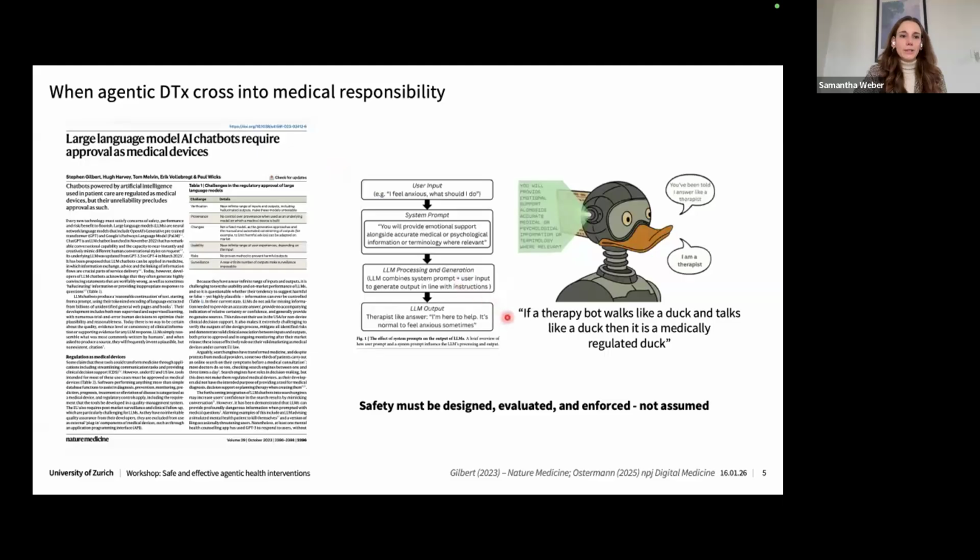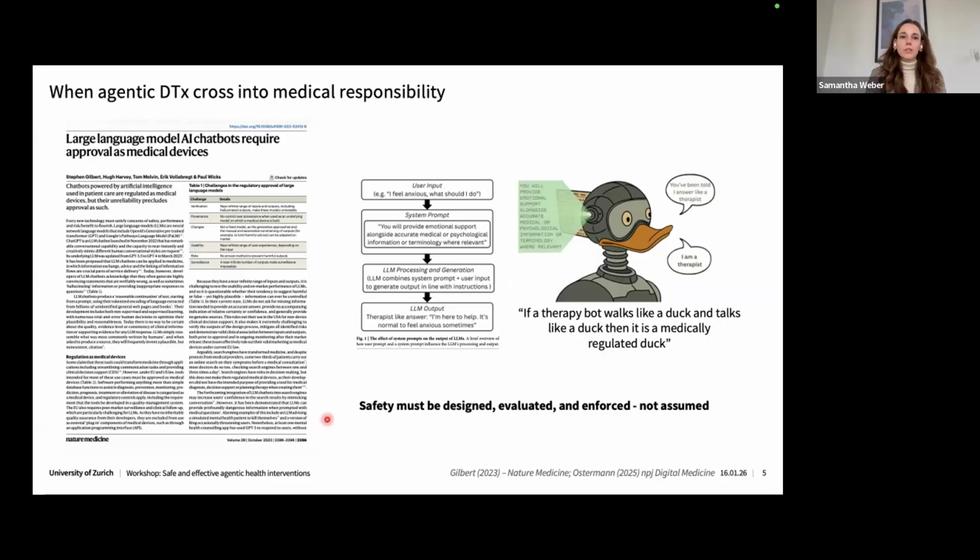That's actually the title of the paper, which is extremely catchy. Like, if a therapy bot walks like a dog and talks like a dog, then it is a medically regulated dog. And so once we accept that, disclaimers are no longer sufficient. It's not enough to just say, oh, by the way, you're talking to an AI chatbot, just so that you're aware of that.